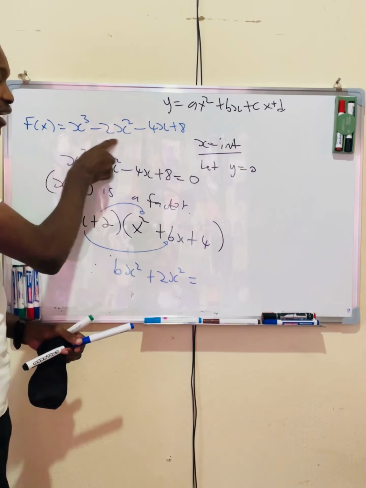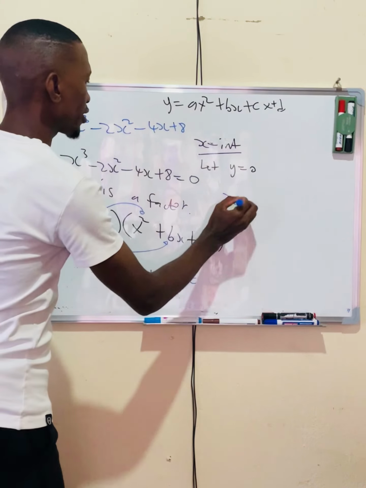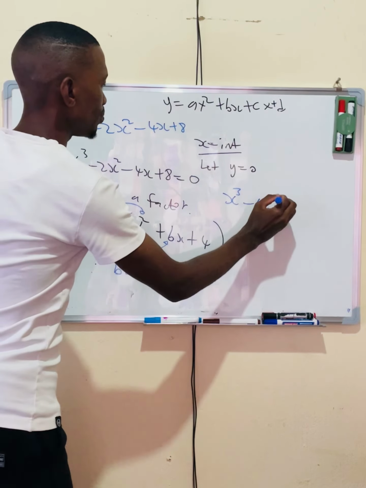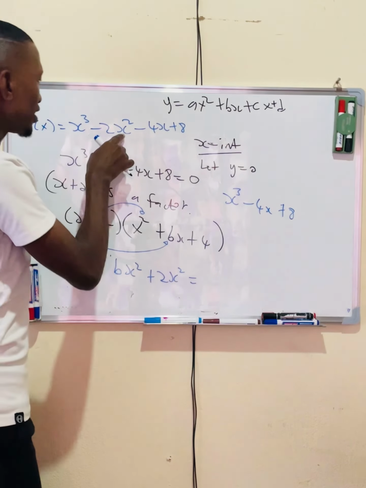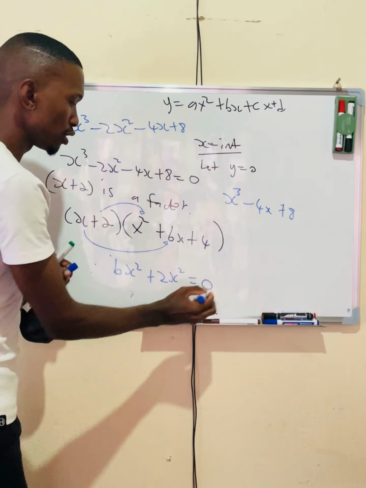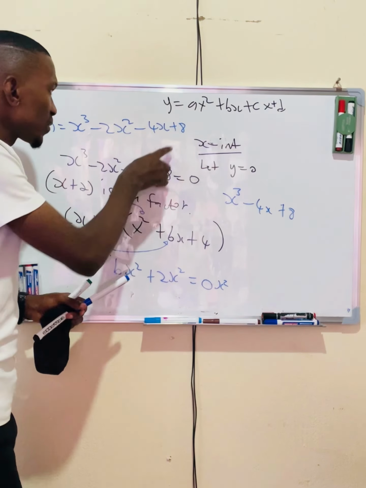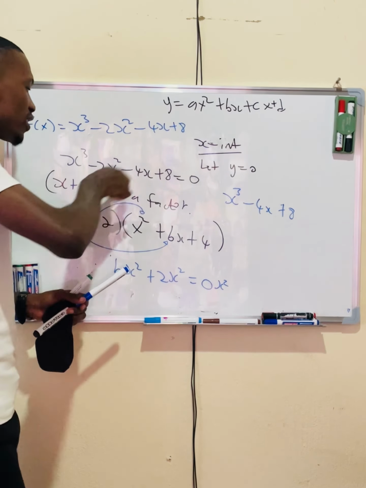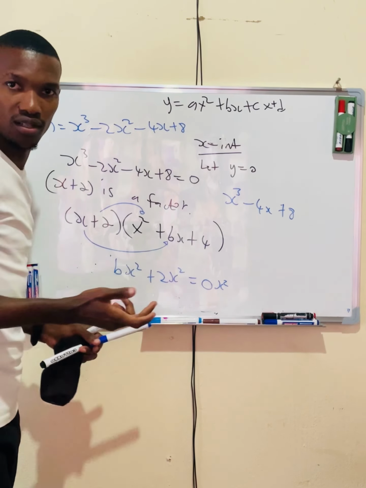Which one? Minus 2x squared has it. If it was like x cubed minus 4x plus 8, and we didn't have the x squared, you're going to say 0x squared because it's not there. Even here, if it wasn't there, you're going to say 0 divided by 2 is going to give you 0, meaning we're not going to have the value here.